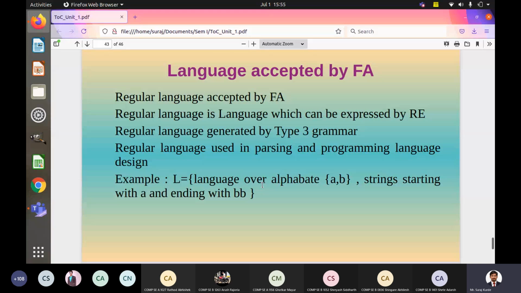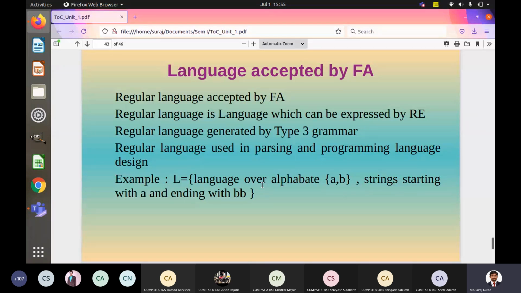Regular language is used in parsing and programming language design. So finite automata accept regular language, expressed using regular expressions, generated by type 3 grammar, and used in parsing and programming language design.